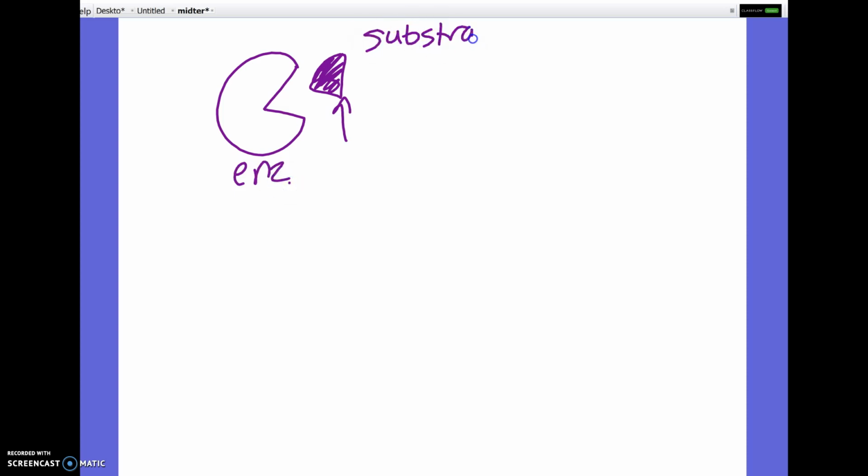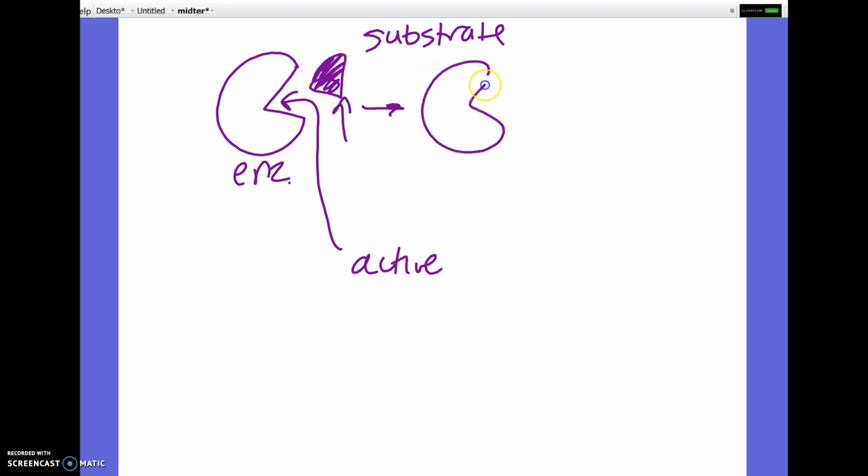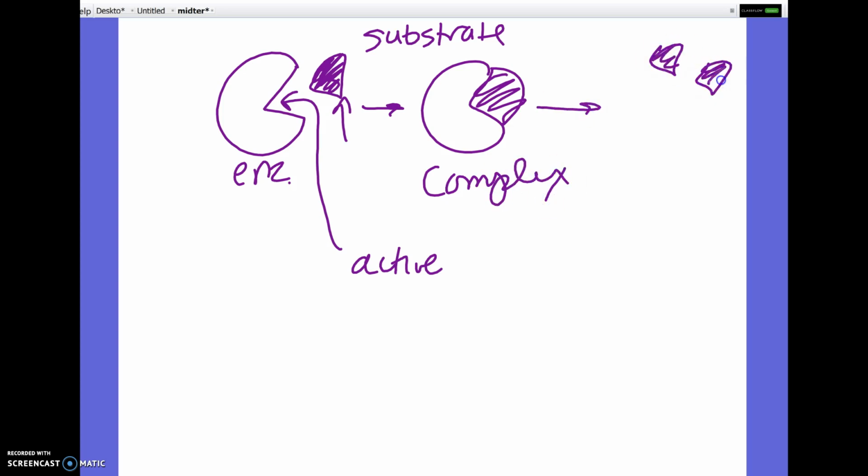What would you call this area on the enzyme? Active site. And then when they're together, what's that? Yeah, an enzyme substrate complex. And then when that pops out, what's that? And then that's the products. So there's literally a picture of one of those, and that's a multiple choice thing.